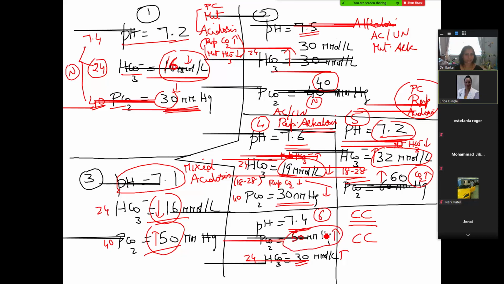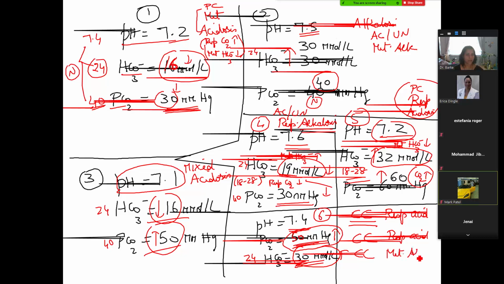CO2 has increased. So what should it be? Respiratory acidosis. And metabolic alkalosis, where bicarbonate has increased. So look at the value. So these values will help you to determine.